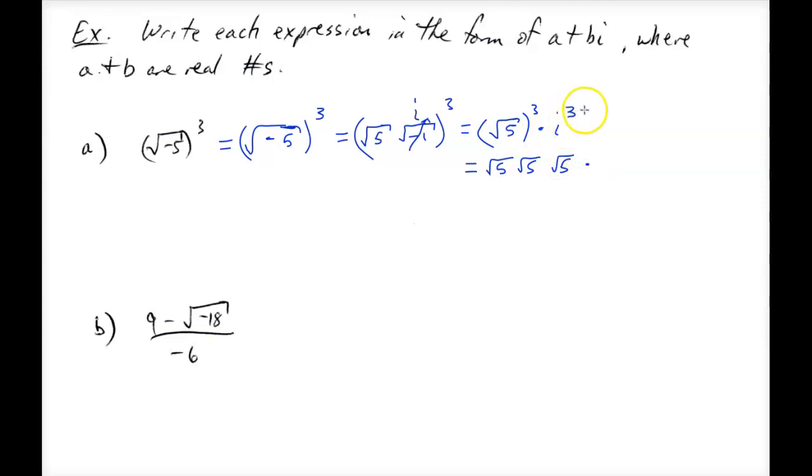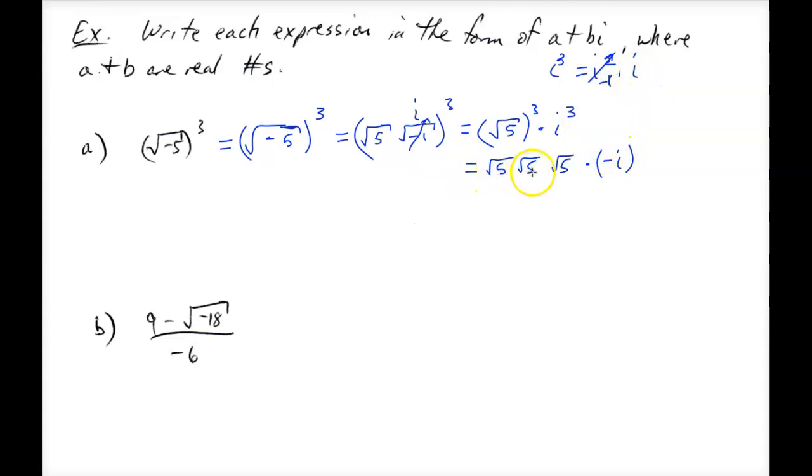And i cubed, from what we talked about earlier, is just going to be a minus i at the end of the day. Because we know i cubed is just i squared times i, and i squared is a -1. And -1 times i is a -i.